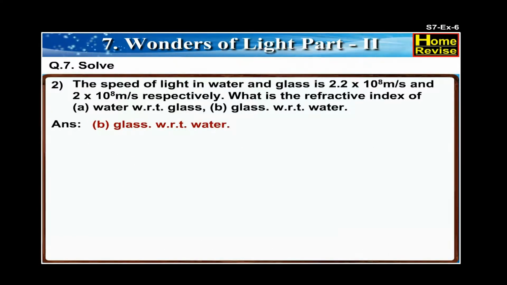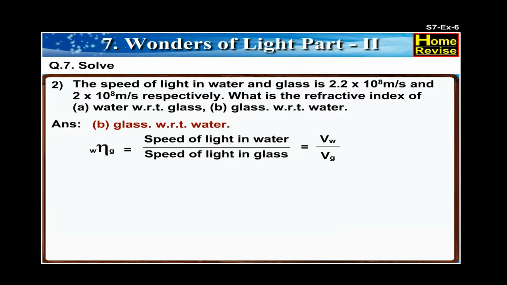B. Glass with respect to water. Refractive index of glass with respect to water equals speed of light in water upon speed of light in glass, which equals VW upon VG.